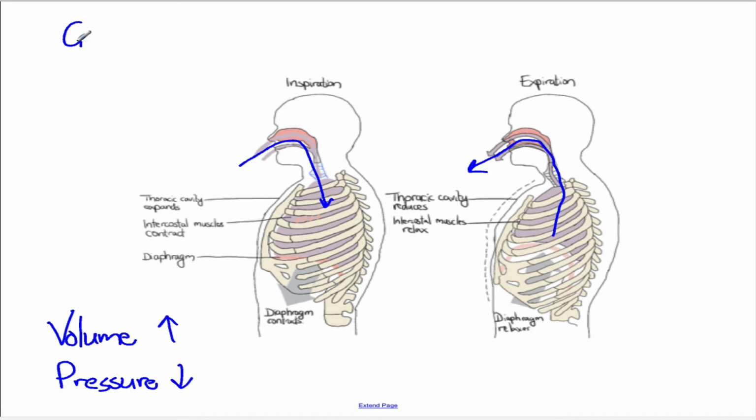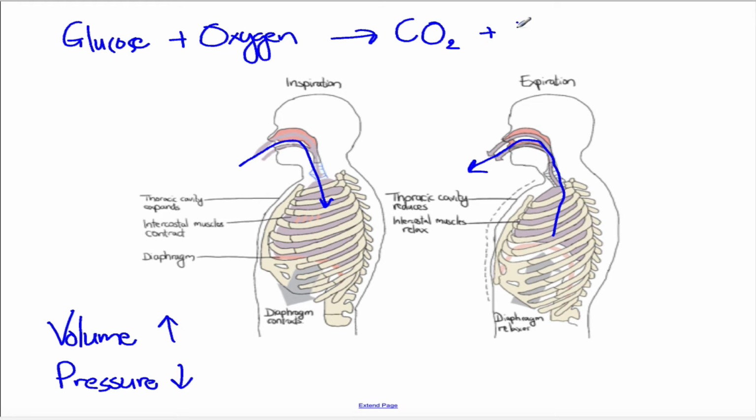So we've got glucose plus oxygen. So we need oxygen, aerobic respiration, and that's going to be producing CO2 plus our water. So oxygen is taken out of the inspired air, and in expiration it's going to be putting in carbon dioxide.